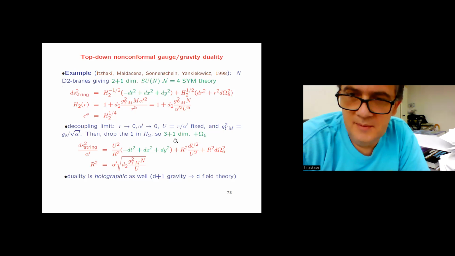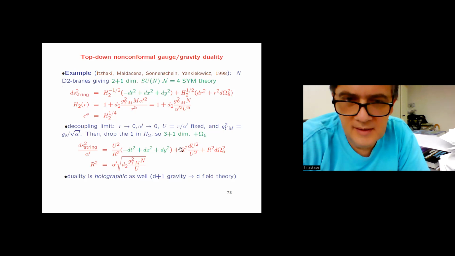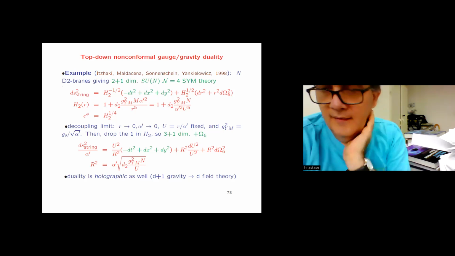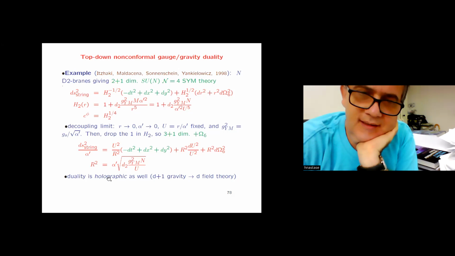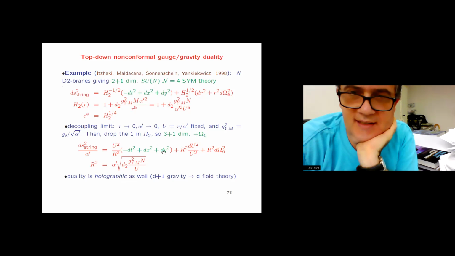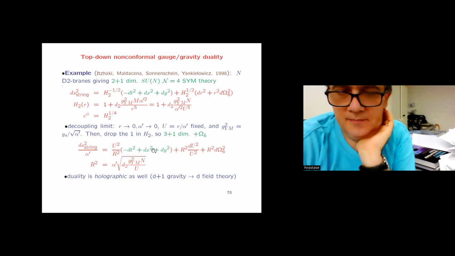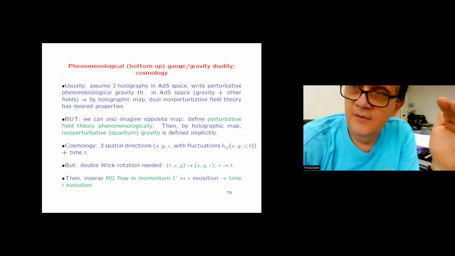It has 3+1 dimensions, not AdS4, but rather something like a warped AdS4 in some sense, and then a 6-dimensional sphere. So in this case, the duality is holographic as well, in the sense that the gravity part, once we reduce on omega-6, is 3+1 dimensional, and the field theory part is 2+1 dimensional. So this is an example of a top-down duality.